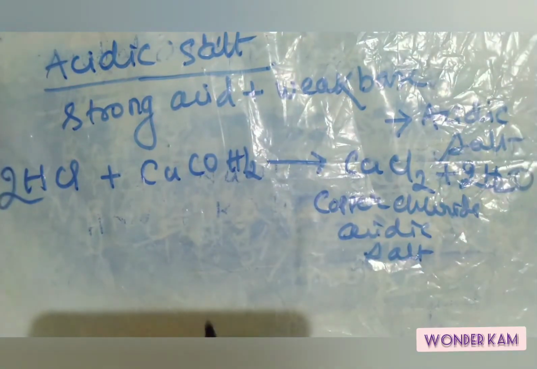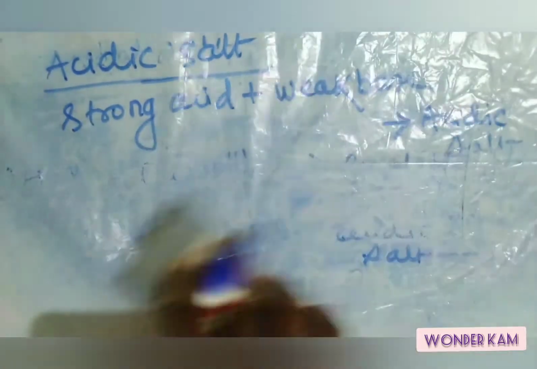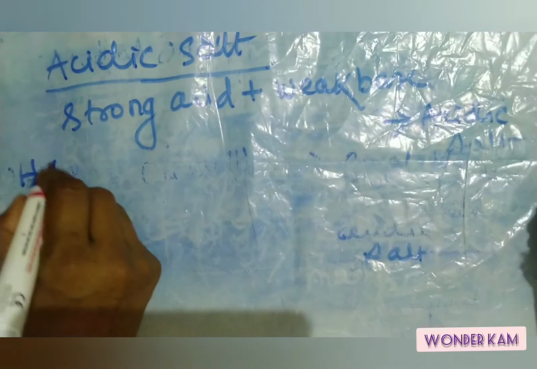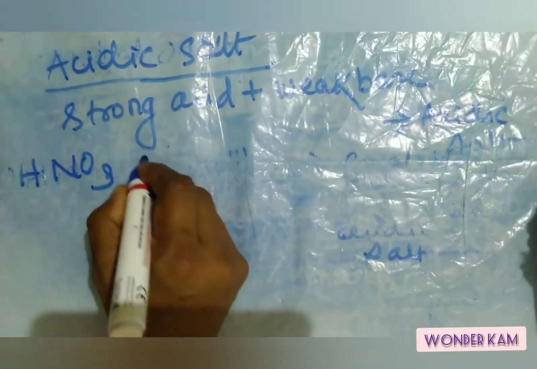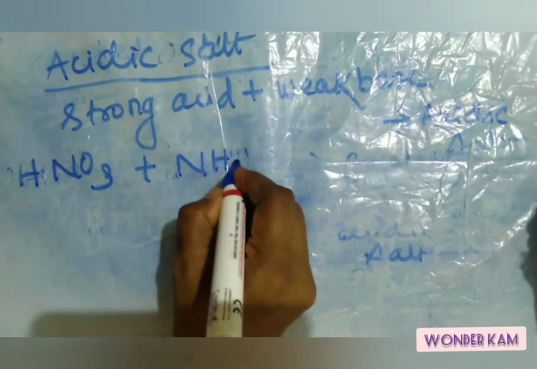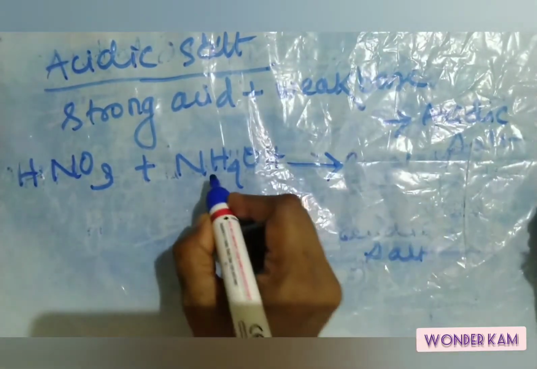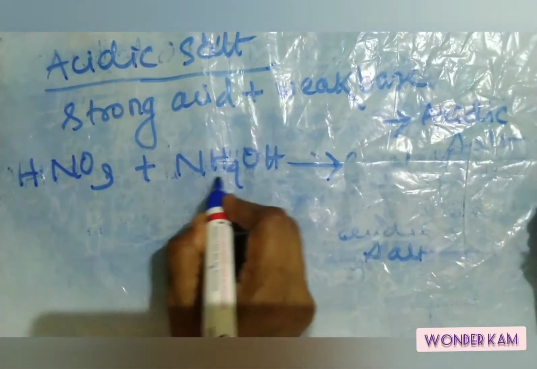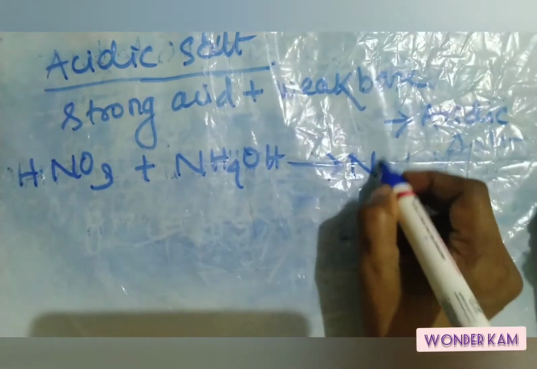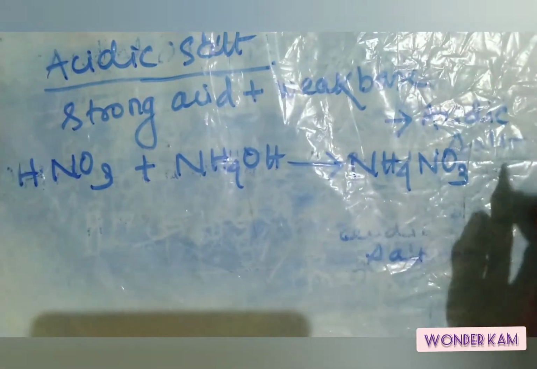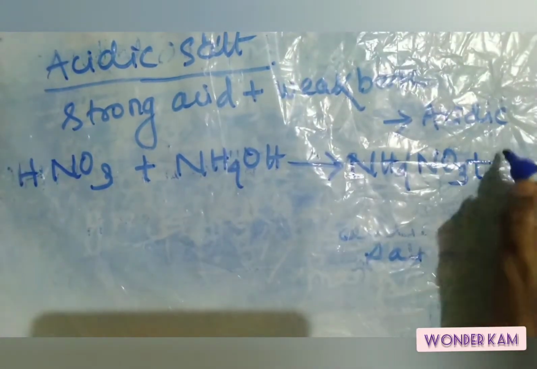One more example of an acidic salt. Suppose we take HNO3 plus ammonium hydroxide. You know ammonium hydroxide is a weak base. So the salt which is formed is ammonium nitrate plus water.